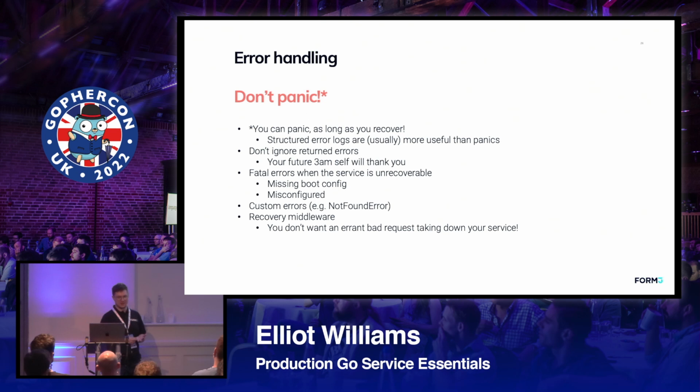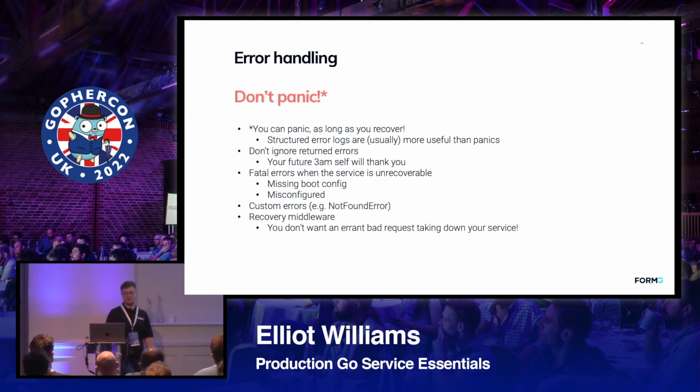Things where you do want to panic is if your application is misconfigured or you're missing something key and it's never going to boot up, then that's obviously somewhere that you do want to have visibility of and you want to panic. And also, talking about panicking, structured errors are usually more useful than panic, so you don't want to obviously do it on purpose, but it does happen, I guess.